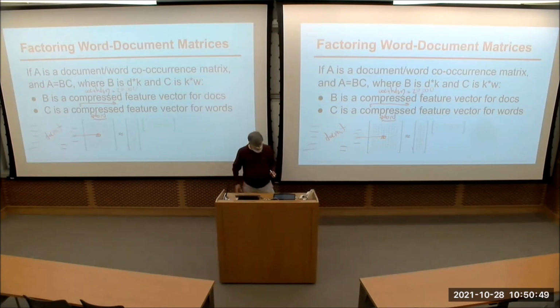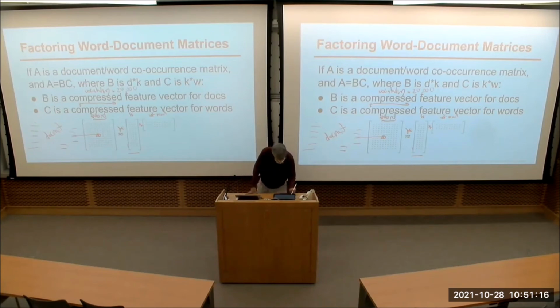But what if we could take this document by word matrix, which is easily built from any collection of documents, and factor it into a number of documents by k matrix times a k by vocabulary size matrix? What is interesting about that?